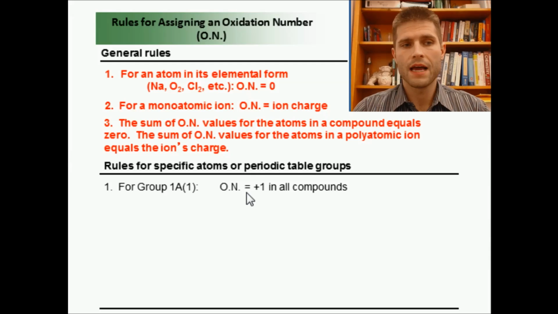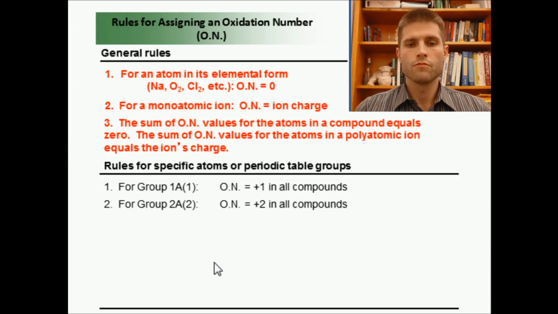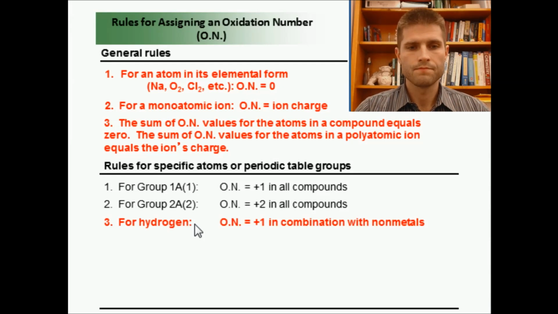This is why I'm having you memorize this. You already know some of these rules. Group 2, the oxidation number is going to equal +2 in all compounds. So this is very similar to what we already know about ions. If magnesium was bonding with oxygen, the magnesium is a 2+, the oxygen is a 2-. Magnesium's oxidation number is going to be a 2+.